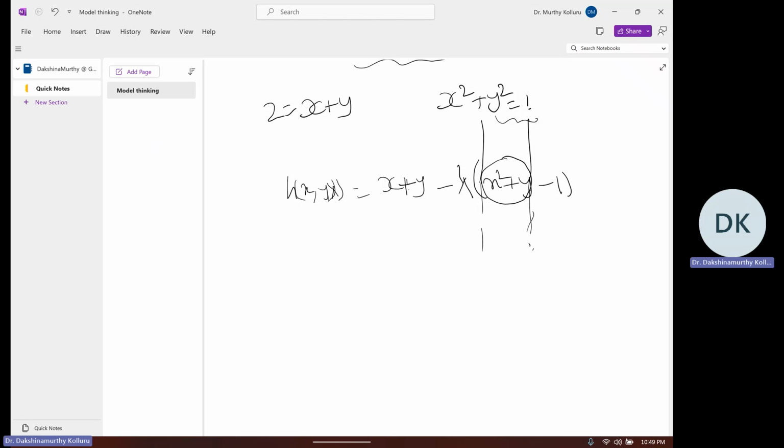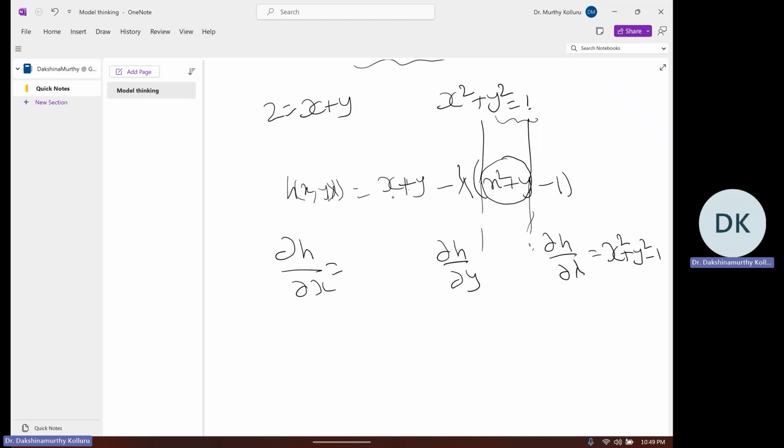So again, for gradient, we do three different partial differentiations: dou h by dou x, dou h by dou y, and dou h by dou lambda. Dou lambda anyway will be exactly the constraint x square plus y square minus 1. That lambda just goes off.